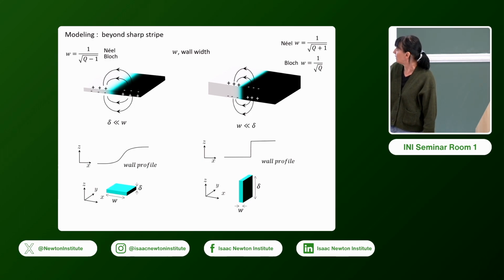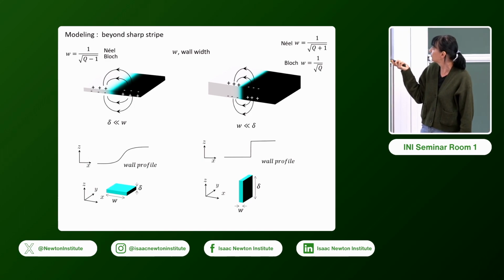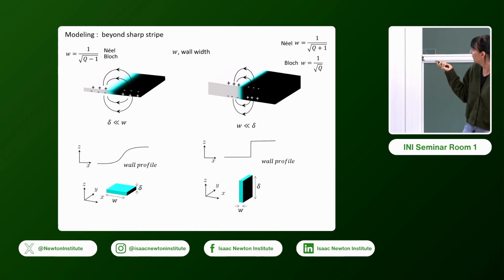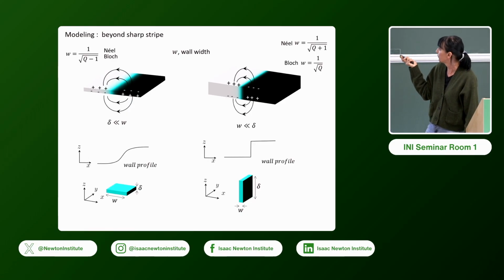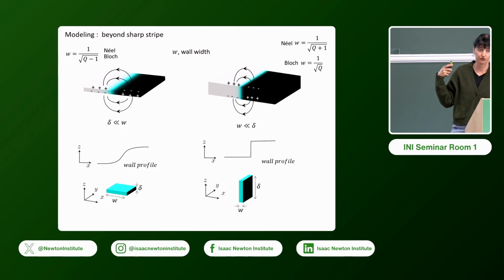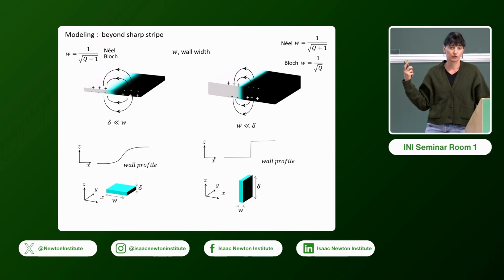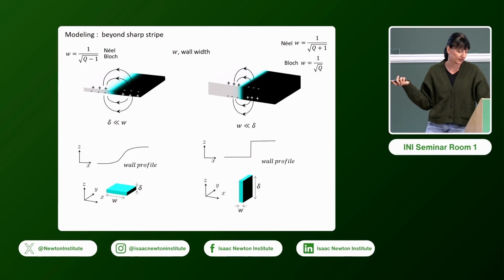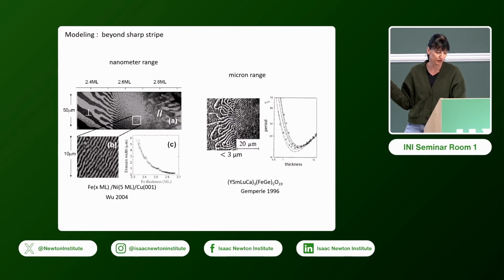And this wall width, you have to compare it with the thickness to figure out whether your sharp stripe approximation is valid or not. And if not, you will have to do a more careful calculation of the long-range interaction of the walls, because they will start to play an important role in the energy.